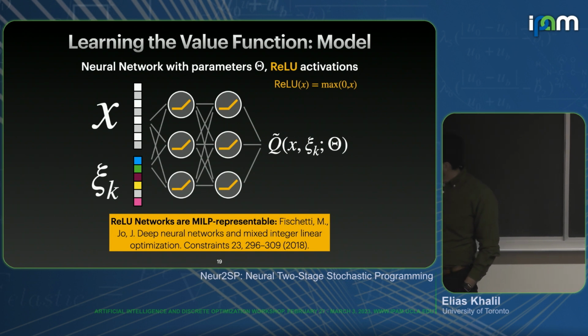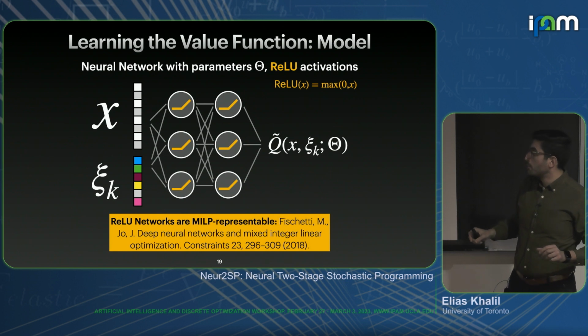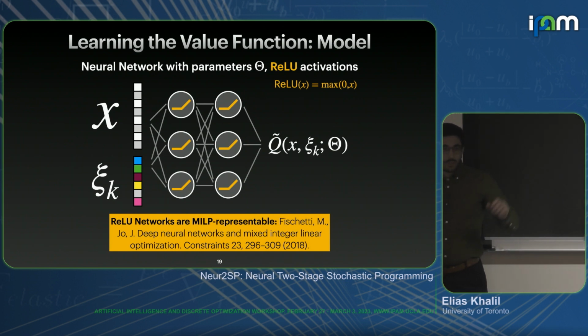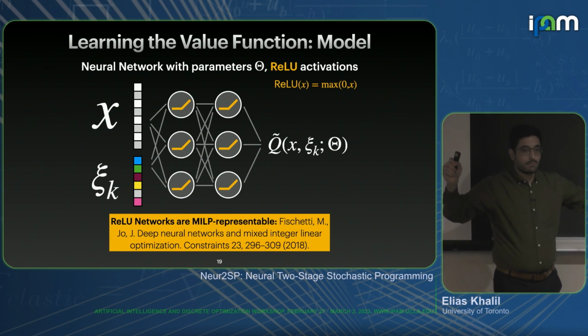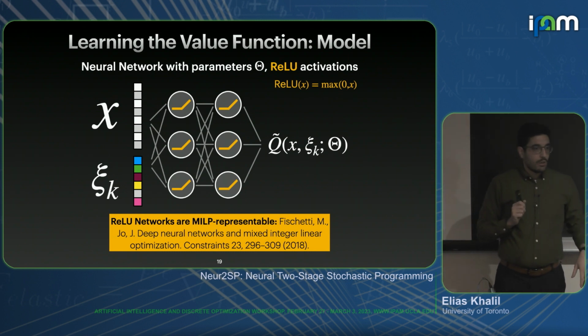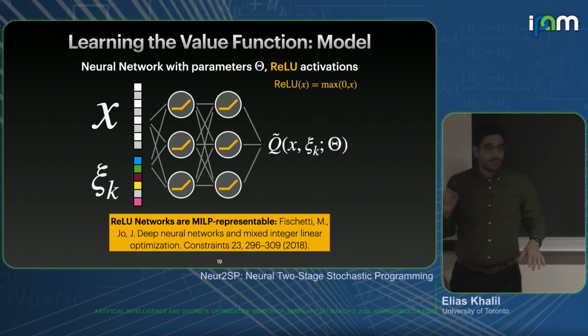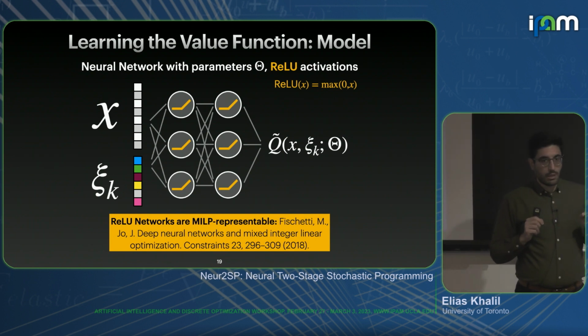It takes as input a first stage decision vector, the allocation of servers in the stochastic server location problem, and a scenario vector, which customers need to be serviced. And it must predict the value of the second stage problem under that x and psi k. The parameters theta of the model must be tuned so that it's accurate on average over a large set of such input pairs.